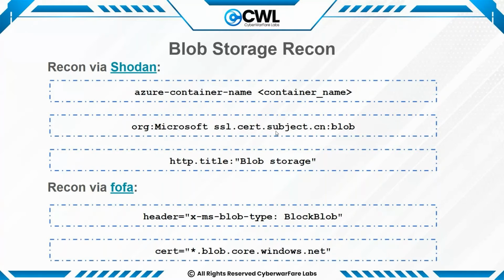The first parameter restricts the search result to devices or services associated with the organization name. In our case, we are searching for Microsoft. The second parameter filters the search result to devices or services where the common name, here CN stands for the common name field of the SSL certificate subject, matches the organization name. So this is the second query.